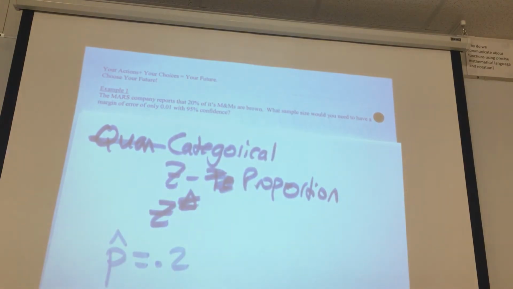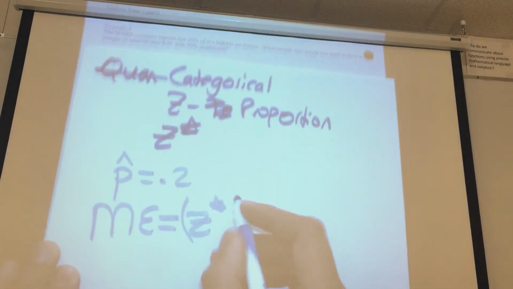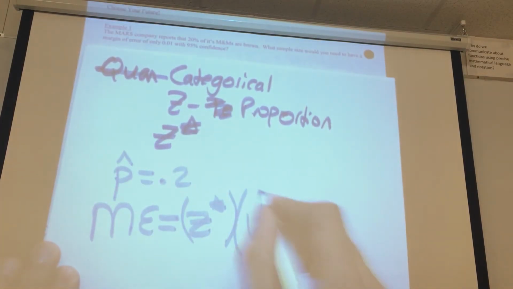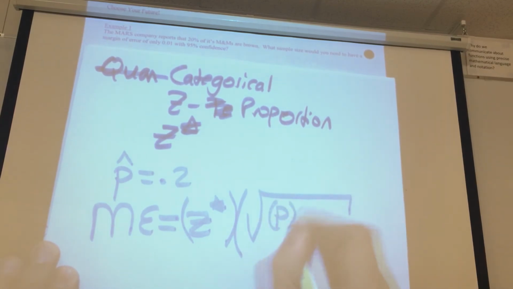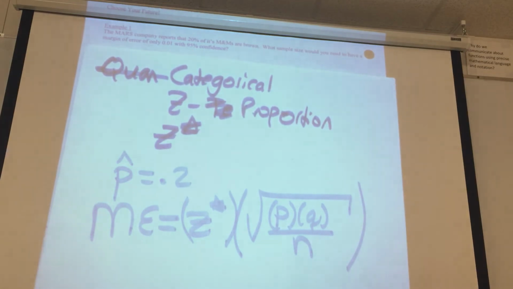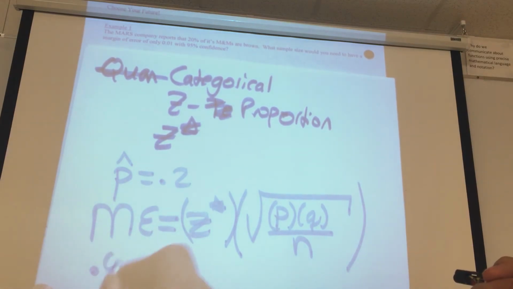Well, we just said margin of error equals Z star times square root of pq over n. What is the margin of error in this case? They want this to be 0.01.